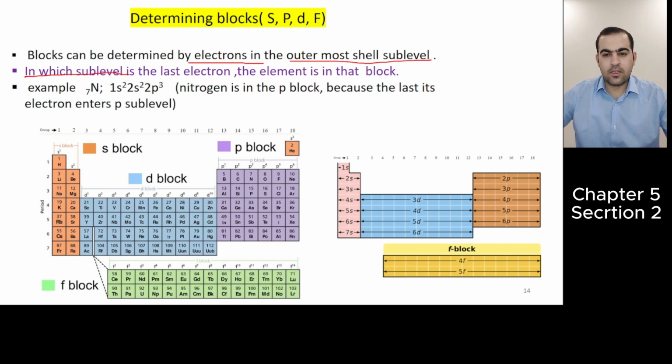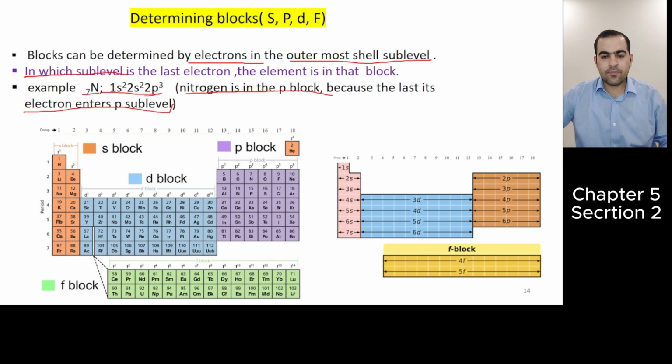So the highest energy sublevel is the block. For example, look at this nitrogen. In the exam, I give you an electron configuration and you need to know which block the element is in. If the electron configuration ends with p, it means the last electron is in p. So we say that nitrogen is in the p block because its last electron enters the p sublevel.